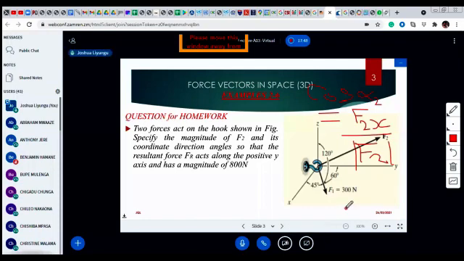You do the same for the y-axis, which will be the beta. Then you do the same for the z-axis, which is the gamma. Then you are done. You have 20 out of 20. That's how simple it is.